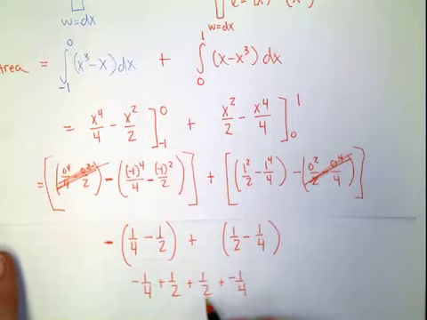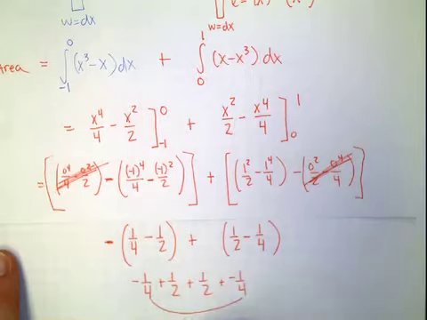So this is what I'm working with. So a half plus a half, a negative fourth plus a negative fourth. So I'll put the fourths together. Negative fourth plus a negative fourth is negative 2/4 plus a half plus a half.